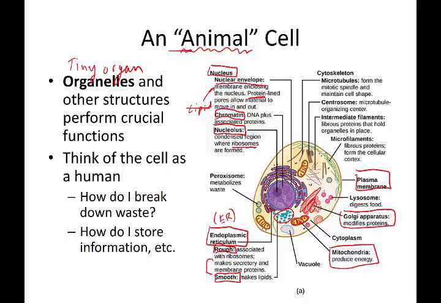An interesting fact about the mitochondria is it has its own DNA. So even though the cell stores most of its information in the nucleus, there is some information stored within the mitochondria.